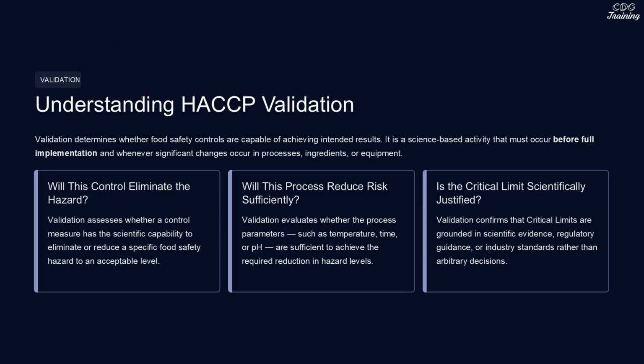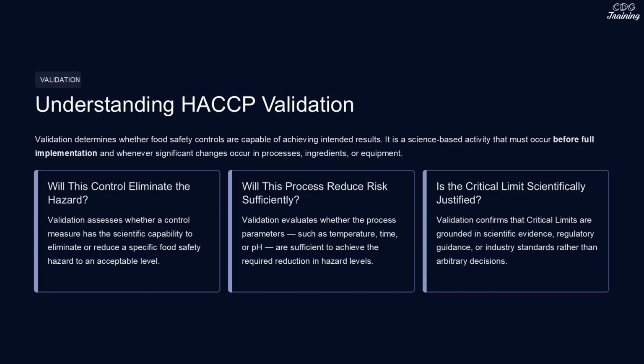Validation determines whether food safety controls are capable of achieving intended results. It is a science-based activity that must occur before full implementation and whenever significant changes occur in processes, ingredients, or equipment. Validation answers critical questions. Will this control eliminate the hazard? Will this process reduce risk sufficiently? Is the critical limit scientifically justified?